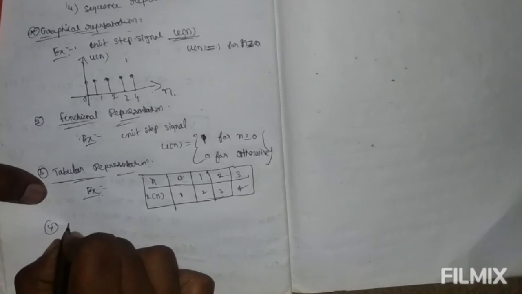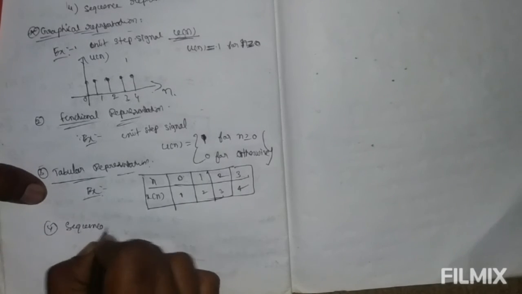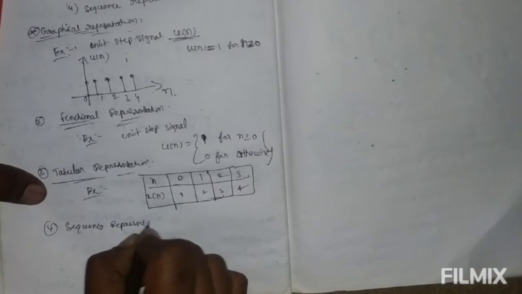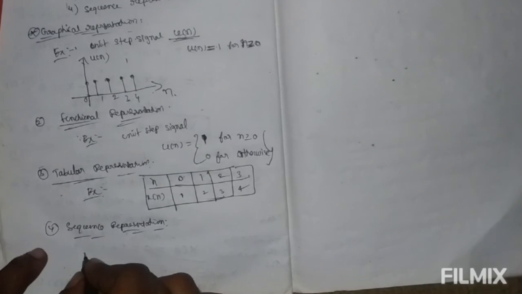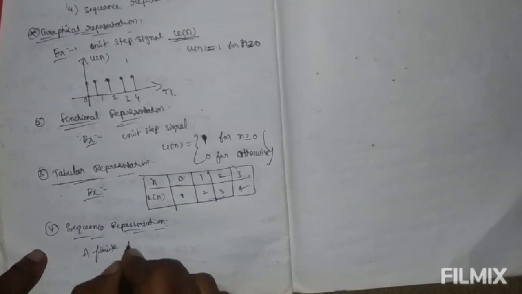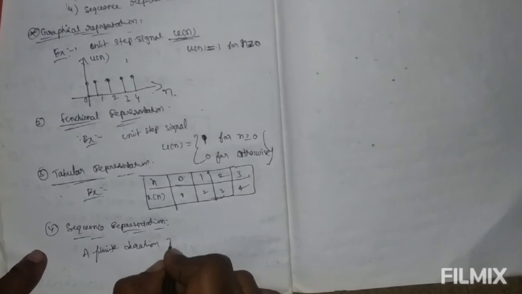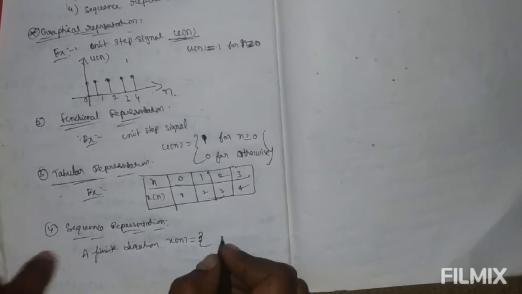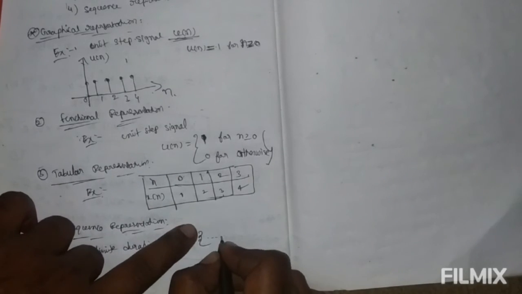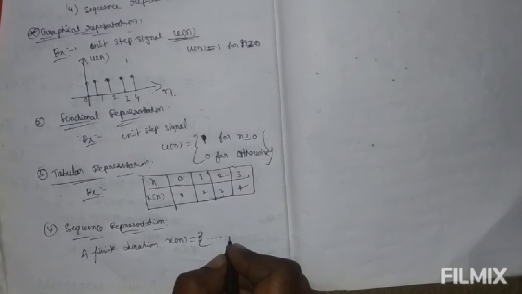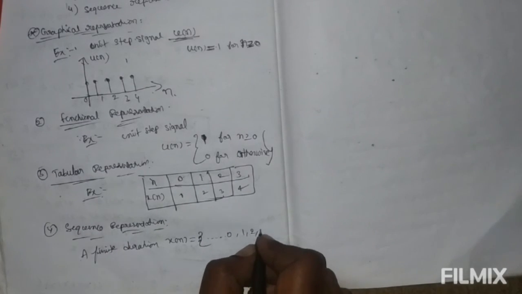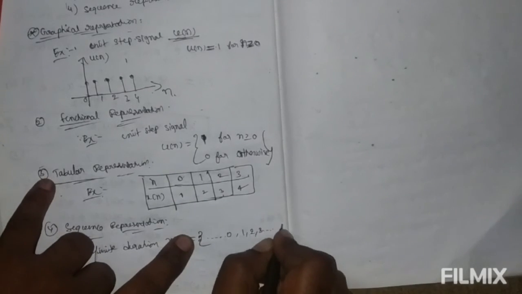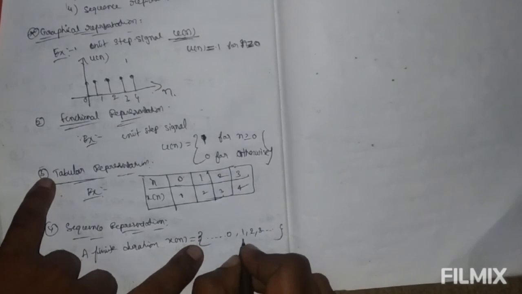Coming to the sequence representation. For a finite duration sequence, x of n is written as 0, 1, 2, 3 and so on, with a pointing arrow symbol.